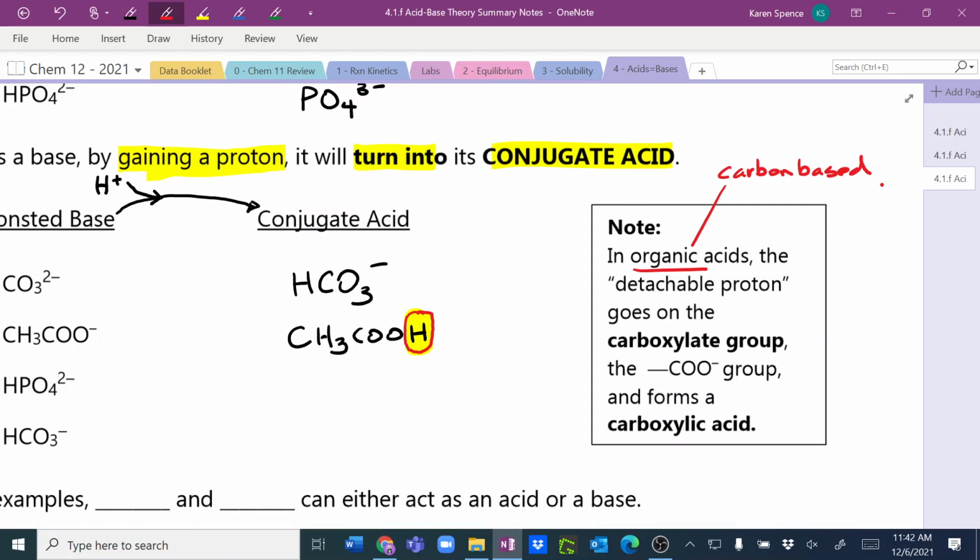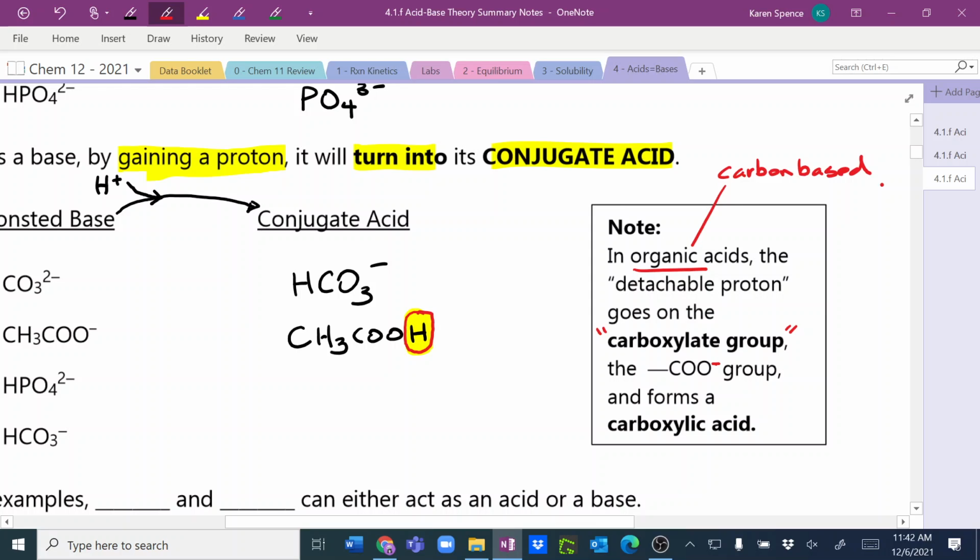what we call the carboxylate group, which is not that important for chemistry 12, but if you're taking biology 12, it will be, and if you're taking university chemistry, it'll be important. Okay, so that carboxylate group is the COO negative group.